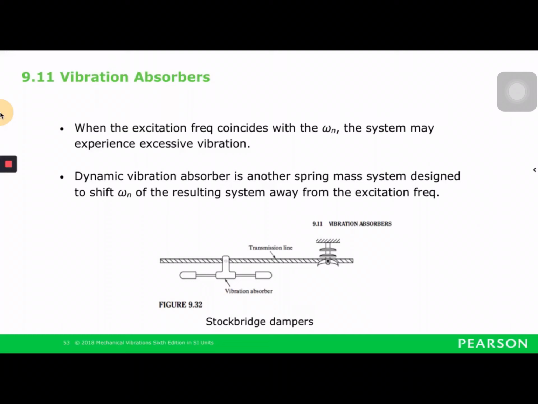So the excitation frequency doesn't coincide with the natural frequencies of 500 rpm and 2000 rpm, it's in the middle. Basically, we move the original natural frequency of the system into two separate natural frequencies, which don't coincide with the excitation frequency.